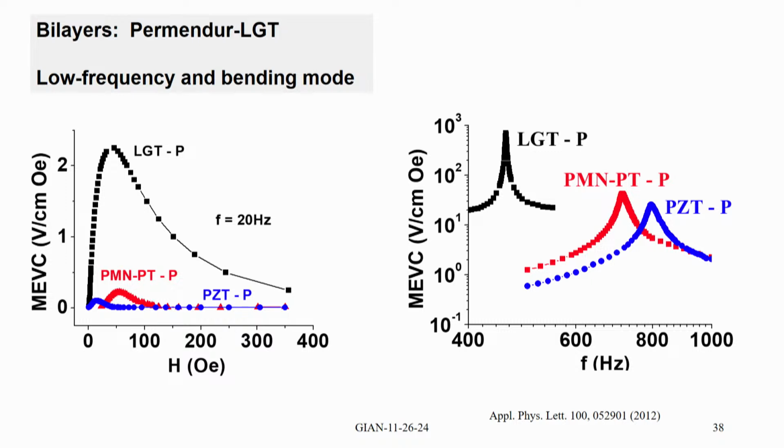The resonance values are shown on the right. This particular resonance refers to bending mode. As you see here, at bending mode, the peak value is 1000 volts per centimeter Oersted for the bilayer with LGT compared to maybe 80 for PMN-PT and around 20 for PZT. And the low frequency values for AC field at 20 hertz, and LGT has a much higher value compared to traditional ferroelectrics.